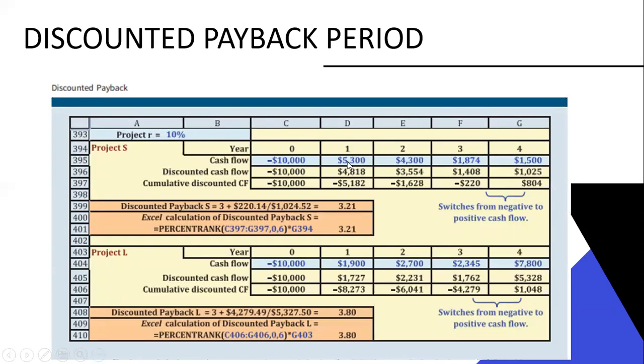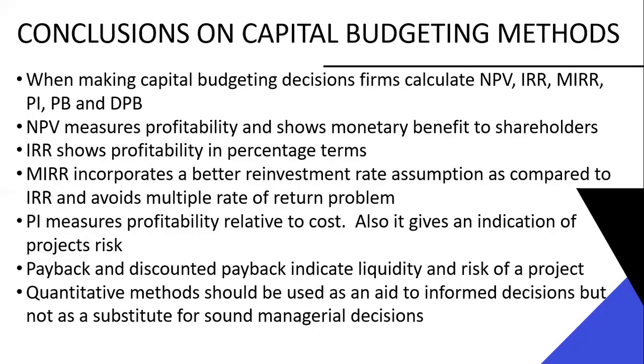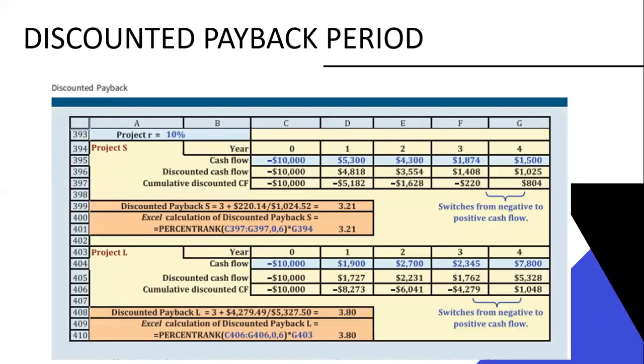So here we see $10,000 has been invested in the beginning. When you're calculating the payback period, 5,300 is going to be recovered in the first year. Then 4,390 is going to be recovered in the next year.